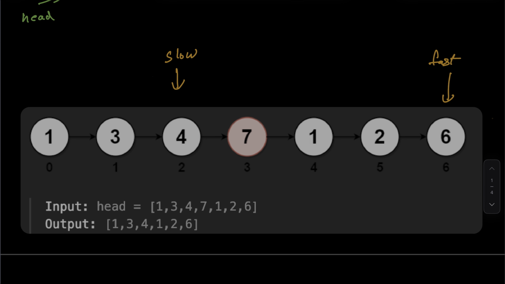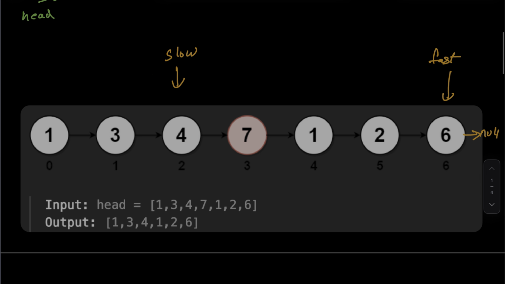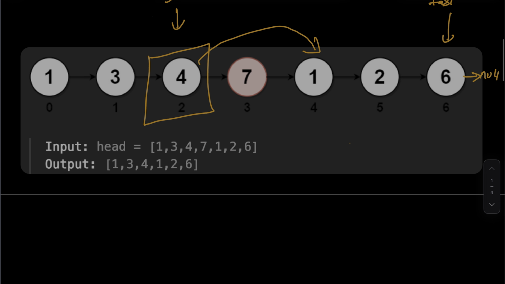Now here we see fast's next is also not defined, this is null. So fast's next is obviously null. So now we know the slow pointer is actually pointing to the node which needs to point to slow's next's next, what we have written before. So slow's next will point to slow's next's next.